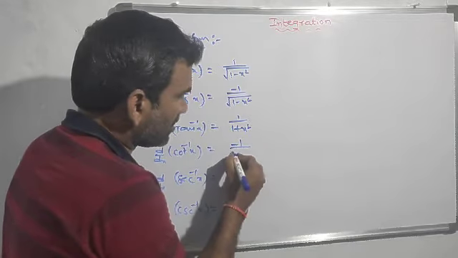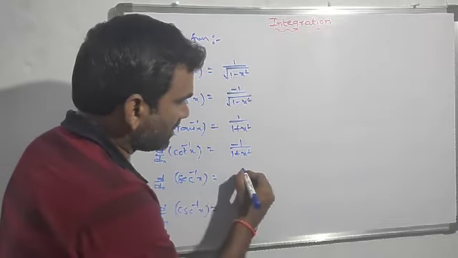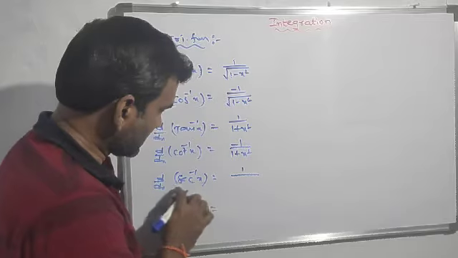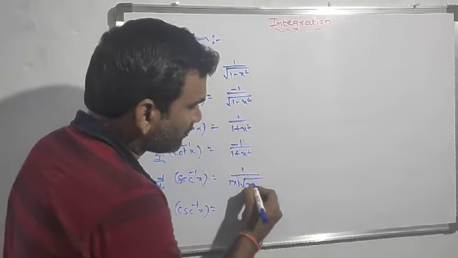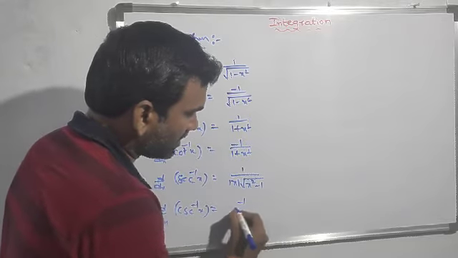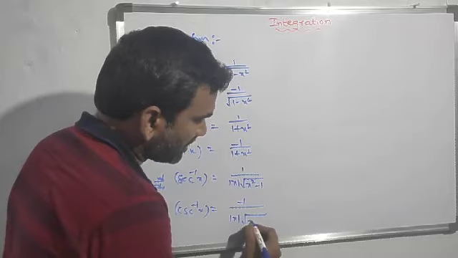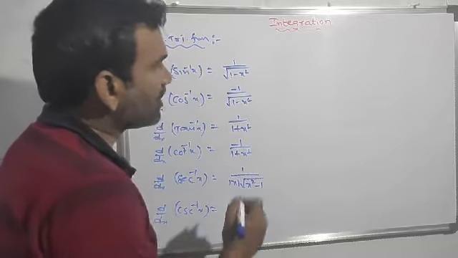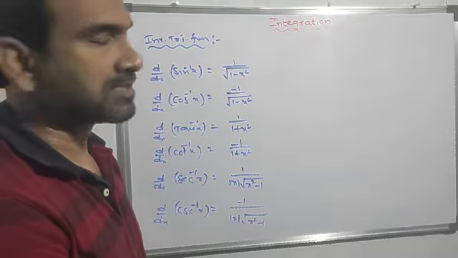For cot inverse x, the differentiation formula is minus 1 by 1 plus x square. Next, secant inverse x differentiation value is 1 by modulus of x into square root of x square minus 1, and for cosecant inverse x the value is the same, with the minus symbol. So already we have the idea on the differentiation of these inverse trigonometric functions.